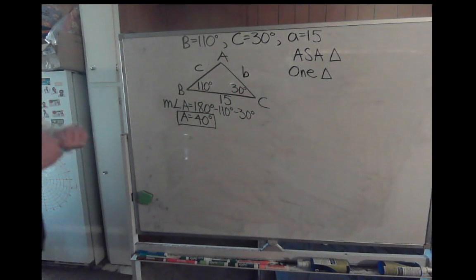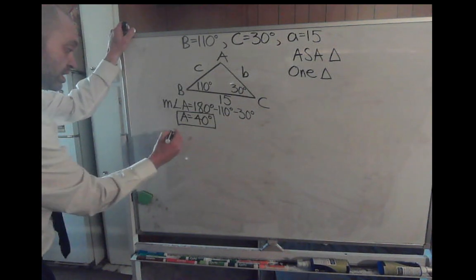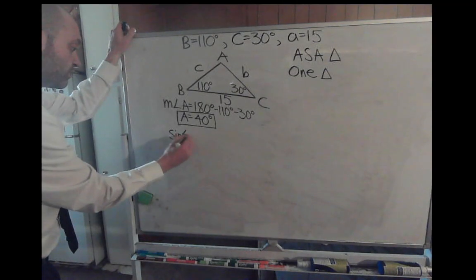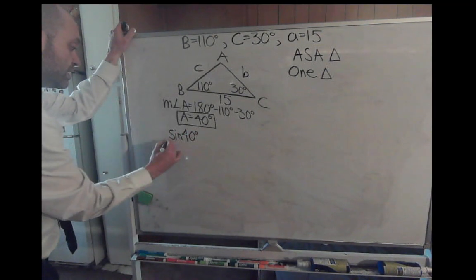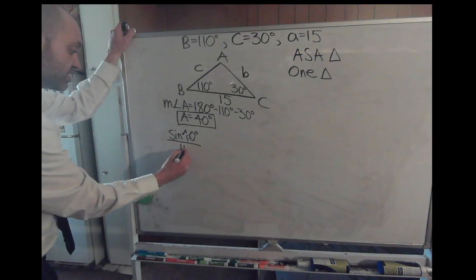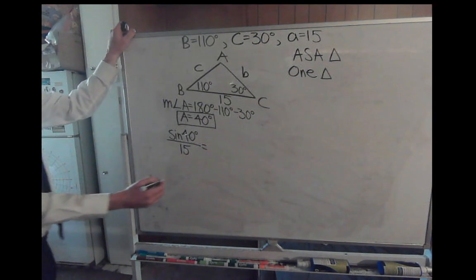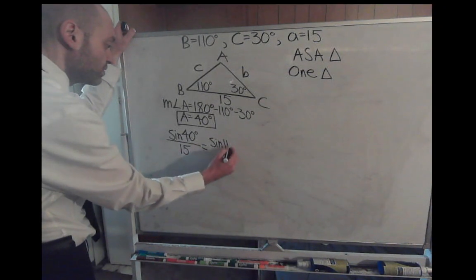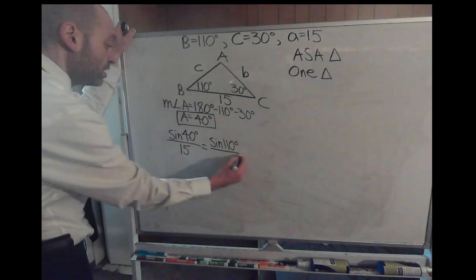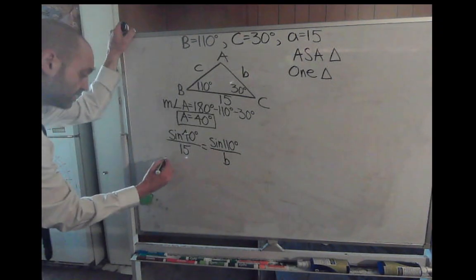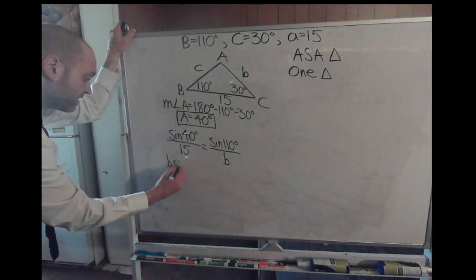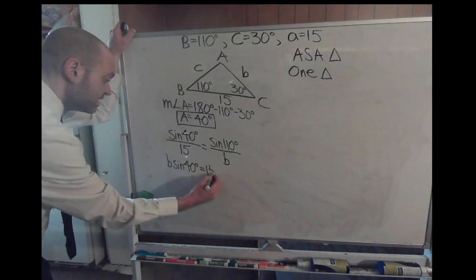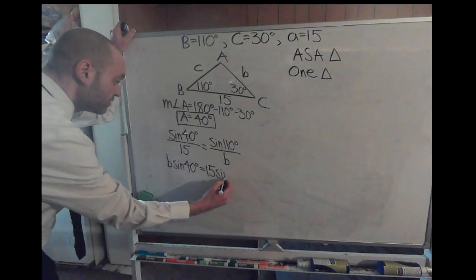Well, let's set up our law of sines. So we could take the sine of angle A, in this case the sine of 40 degrees, divided by side A, which is 15, set that equal to the sine of B, which is the sine of 110 degrees, all over our B. So that means B times the sine of 40 degrees would equal 15 times the sine of 110 degrees.